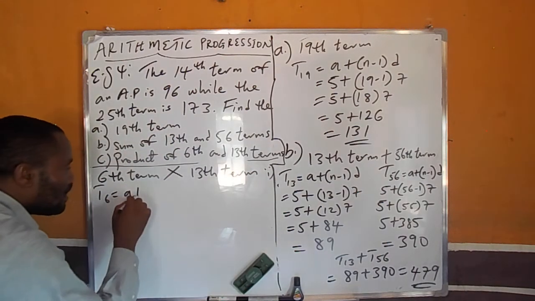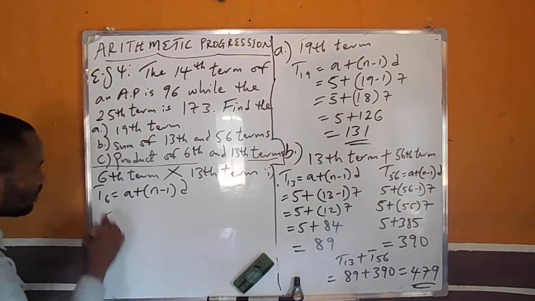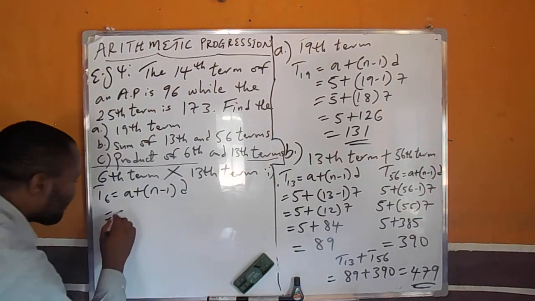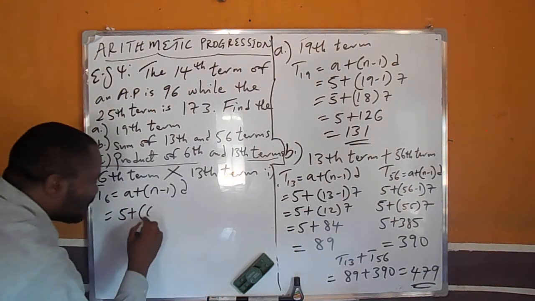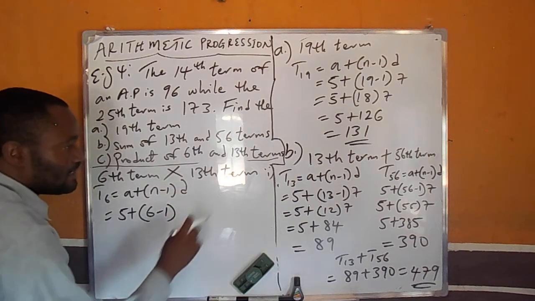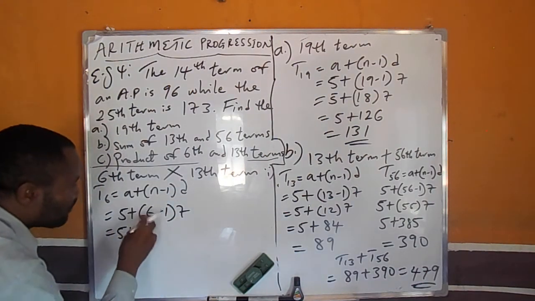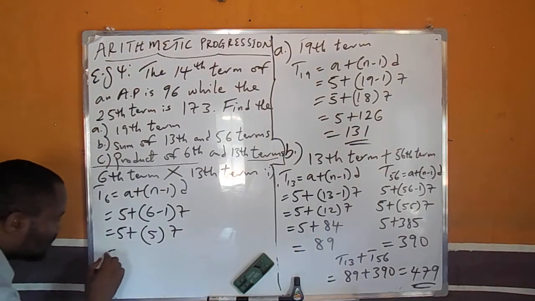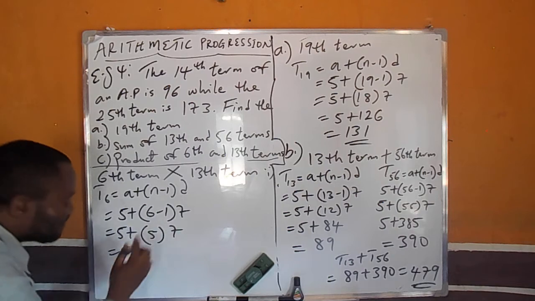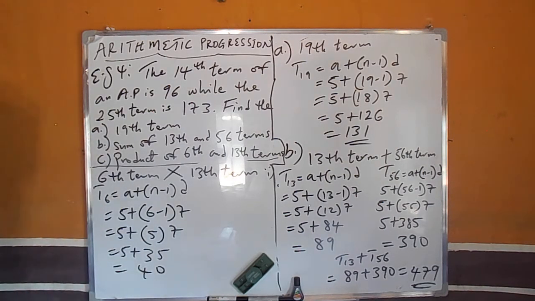T6 equals A plus bracket open N minus 1 bracket close D, where A is 5, plus bracket open 6 minus 1 bracket close D, which is the same difference, 7. That equals 5 plus 5 times 7, 35, which equals 5 plus 35, 40.